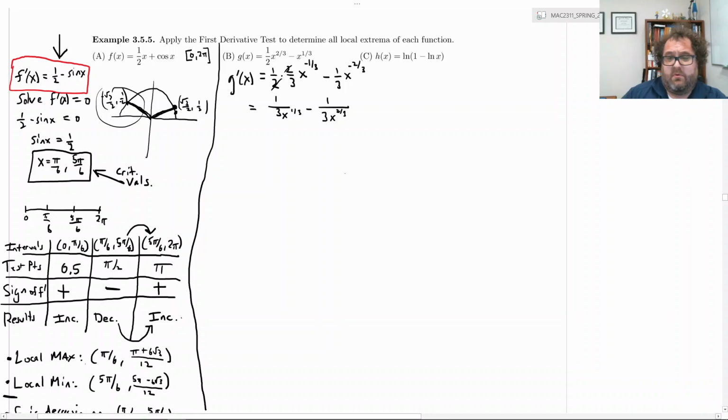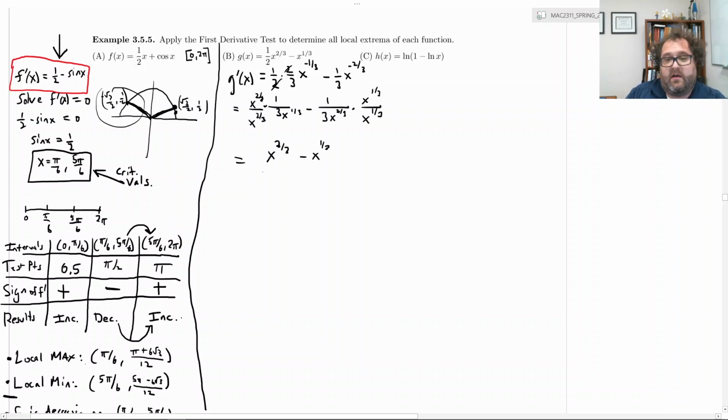If I multiply the left-hand fraction by x^(2/3) over itself, and the other by x^(1/3) over itself, I think what I'll end up getting is x^(2/3) on the numerator here, and then minus x^(1/3) on the numerator there.